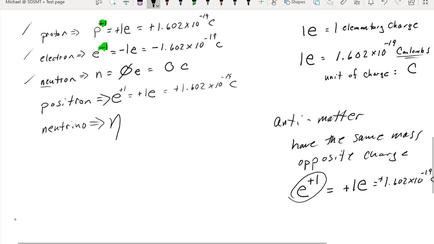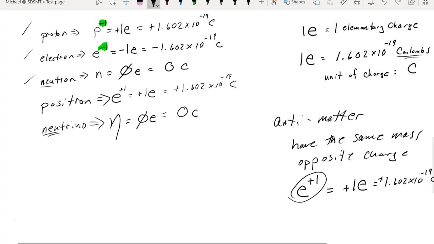Just like the neutron, the neutrino has the prefix of nu, which indicates that this particle has a charge of 0. And so, just like the neutron, I'm not going to place any kind of superscript or number up above, because our neutrino has 0 elementary charges associated with it, and so 0 coulombs.